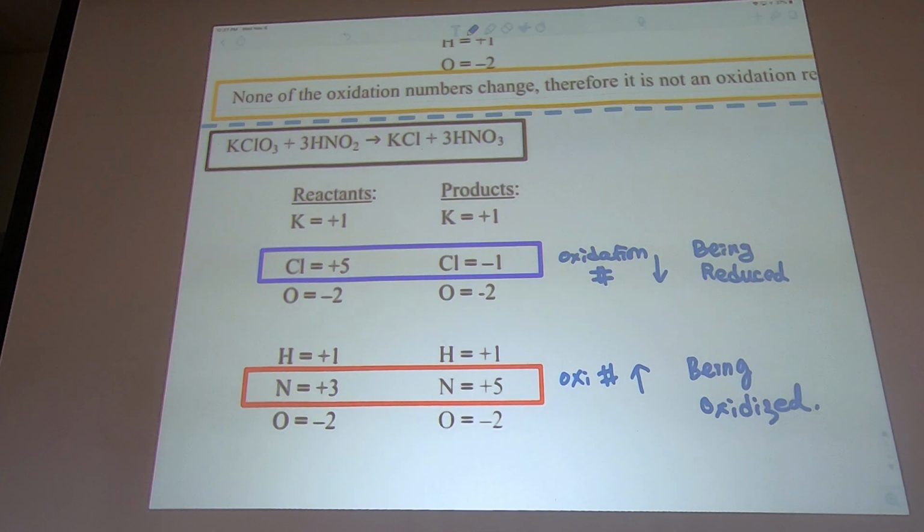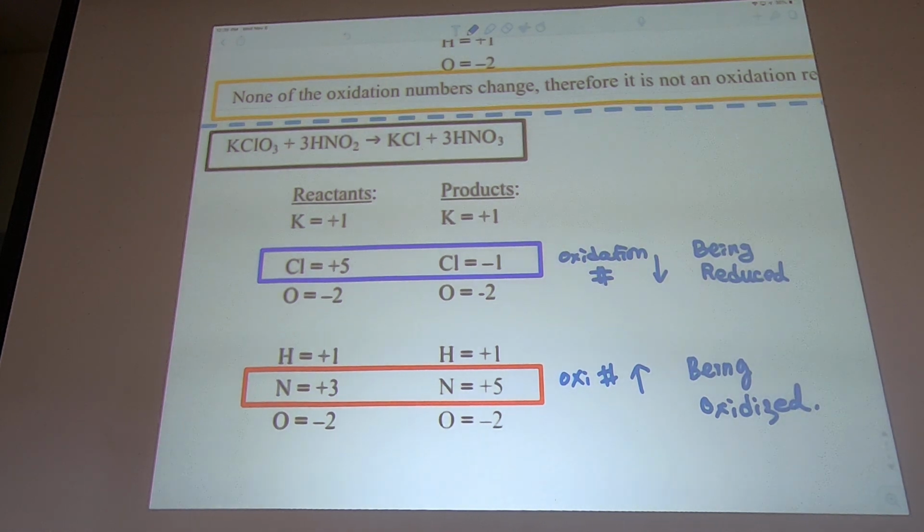Does it make sense? Do you remember the oxidizing agent and reducing agent? A reducing agent makes something reduced. To do that, the agent itself has to be oxidized, right? What about the oxidizing agent? The oxidizing agent makes something oxidized.